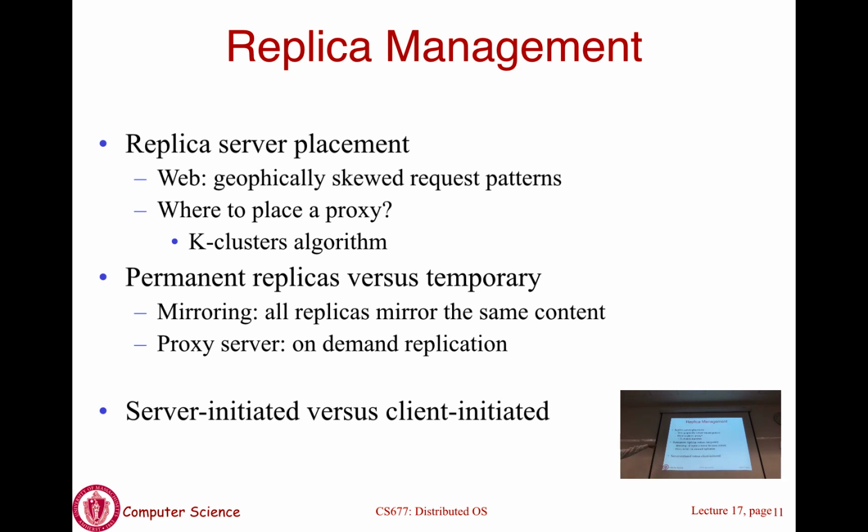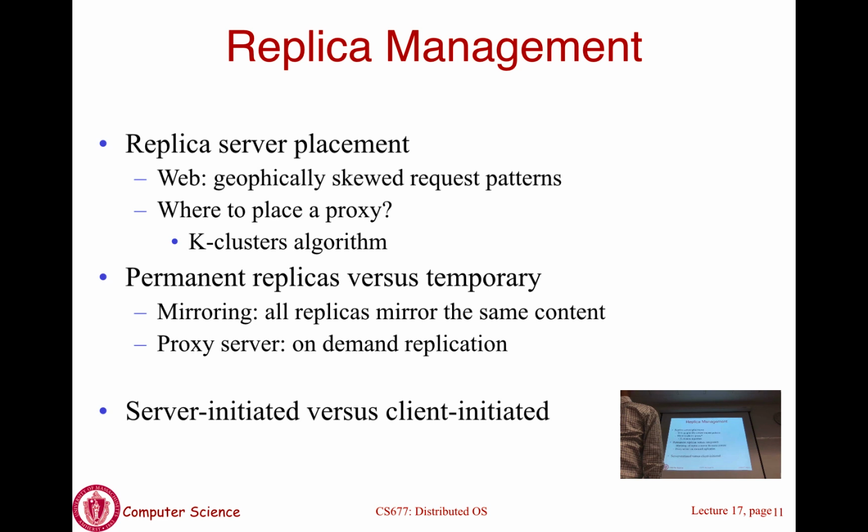Okay. And then there is another issue, which is do you want to actually replicate or cache your data? Caching is a form of providing good performance through replication without actually having to put replicas. In the context of the web, you might have only a small number of web servers, but you will have lots of replicated caches which actually cache copies of the file.